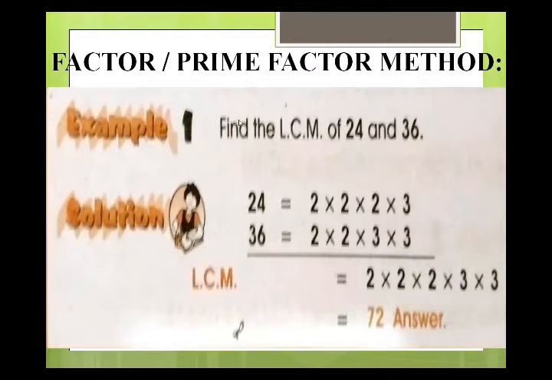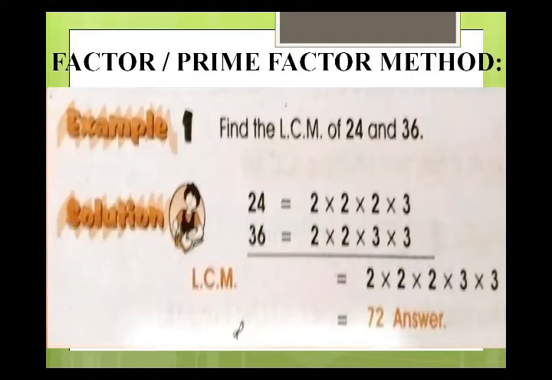In the factor method, you first find the factors of the numbers for which you have to find the LCM. The example here is taken from your book exercise, page number 26.